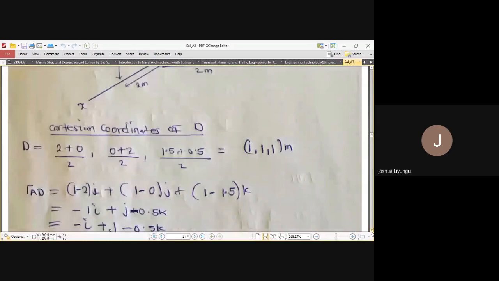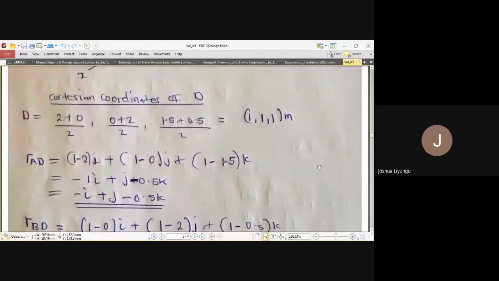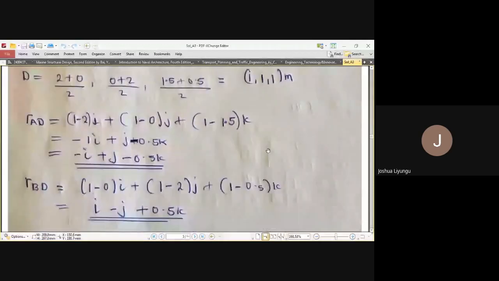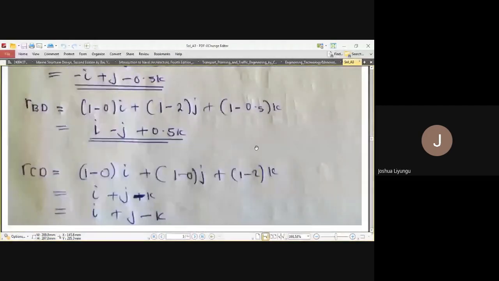So the coordinates at D is just a matter of 1-1-1. You count your RAD, you subtract those at D minus those at A. You do the same for RBD, you subtract those at D minus those at B. You do the same for RCD.